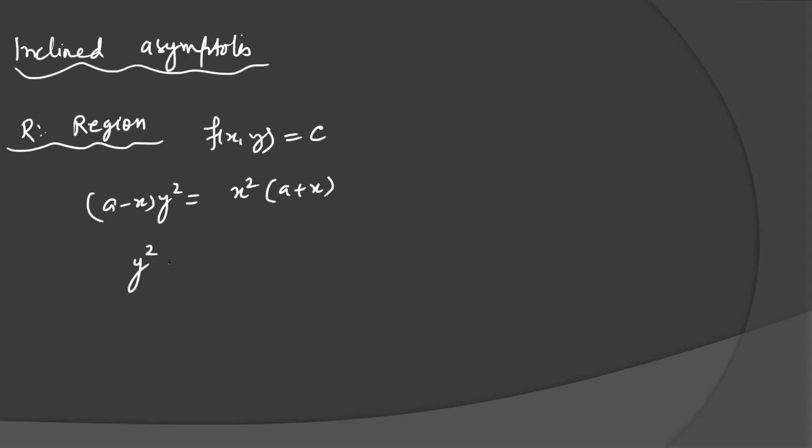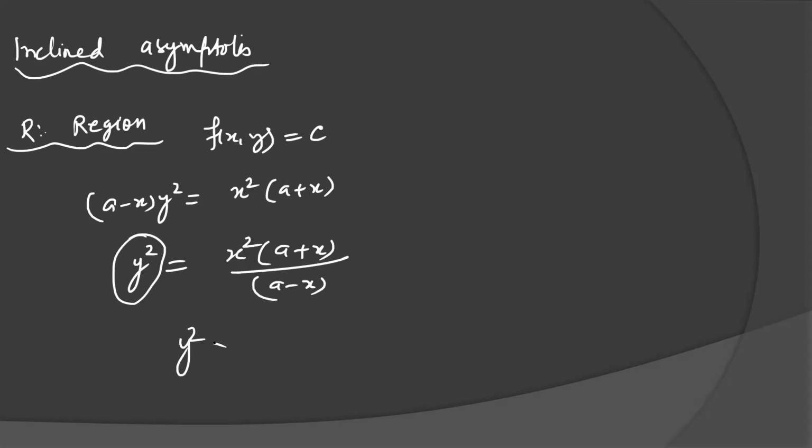So y square can be written as x square (a plus x) over (a minus x). See, y square is always greater than or equal to 0. Therefore, the RHS is also going to be greater than or equal to 0. So x square (a plus x) over (a minus x) is greater than or equal to 0.